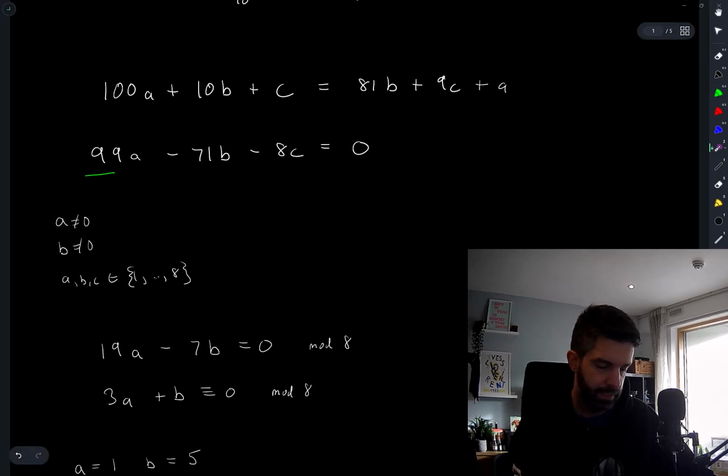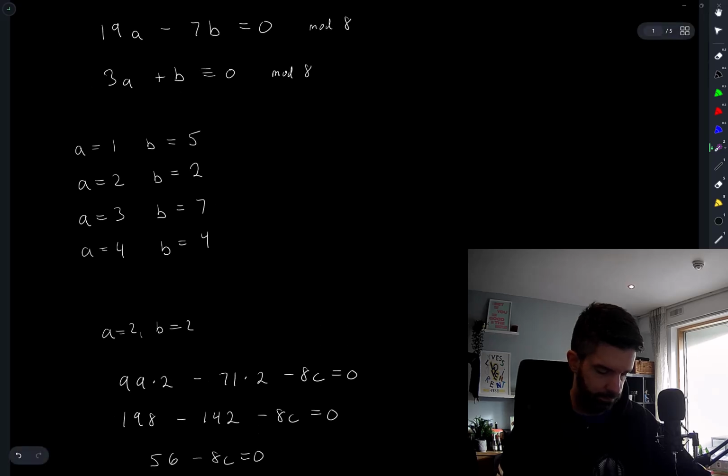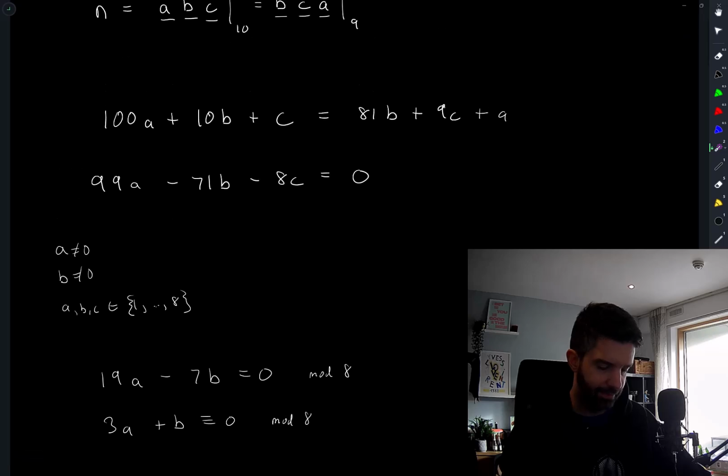Hold on. 99 minus 71, what did I say that was? That's 18. Wait, no it's not. It's 28. Either way, 1 and 1 doesn't work. It's not a multiple of 8.